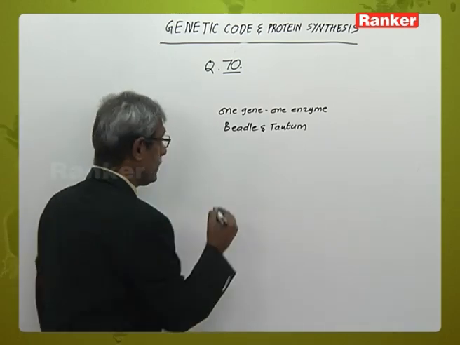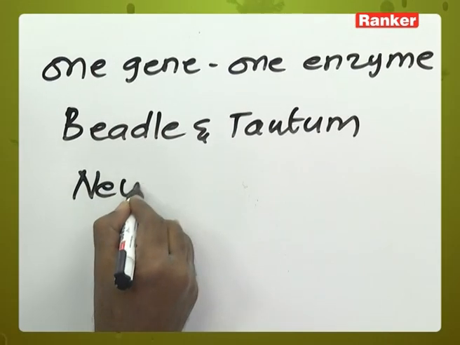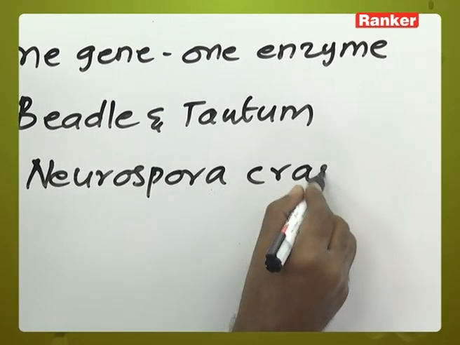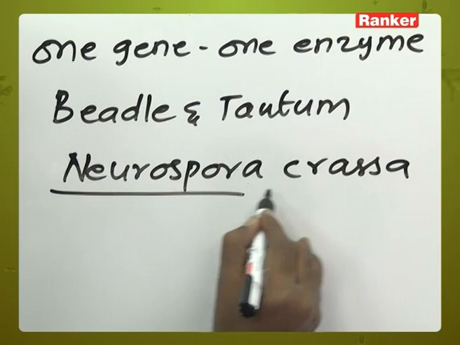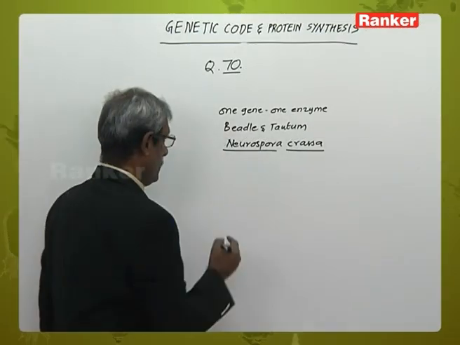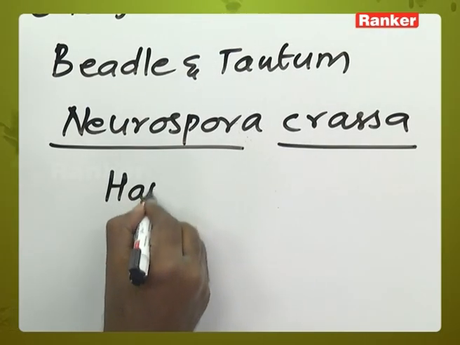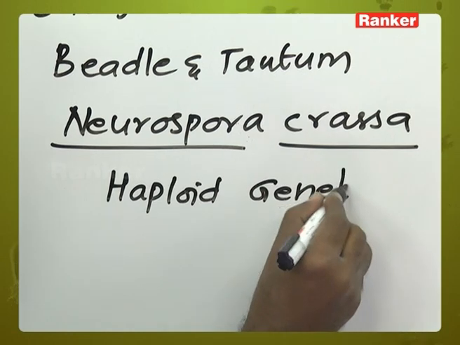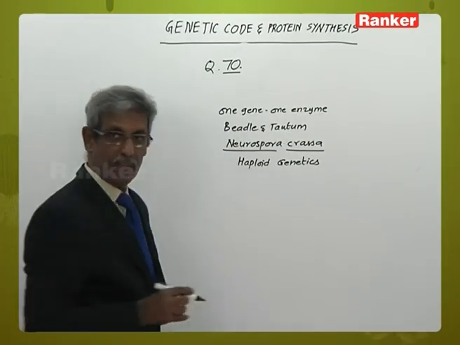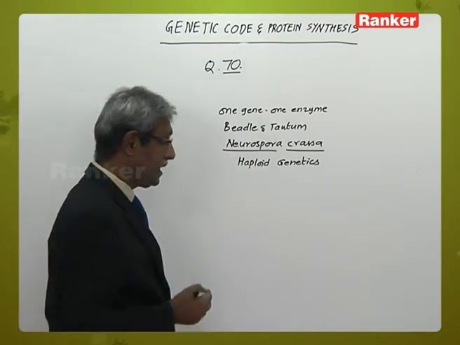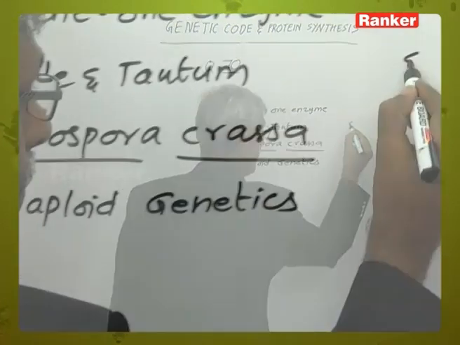They had worked with the fungus called Neurospora crassa. This area of working relates to the study of haploid genetics. They found out that the fungi have got spores.